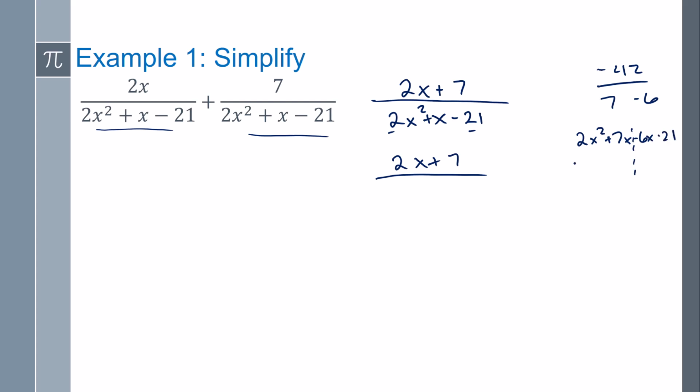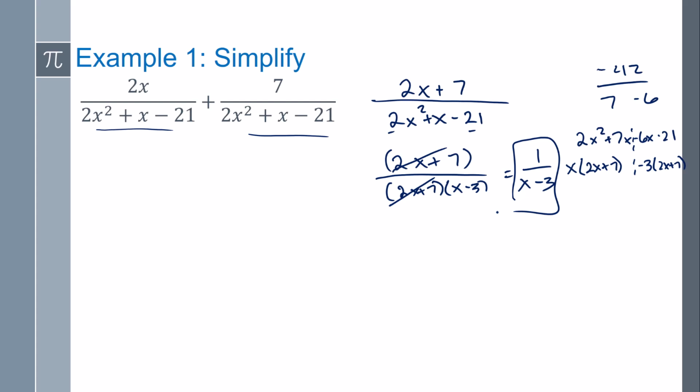Factoring by grouping, there's an x in common, and there's a -3 in common. So that's going to be 2x plus 7 times x minus 3. Perfect. Those cancel out, so my answer is going to be 1/(x minus 3).